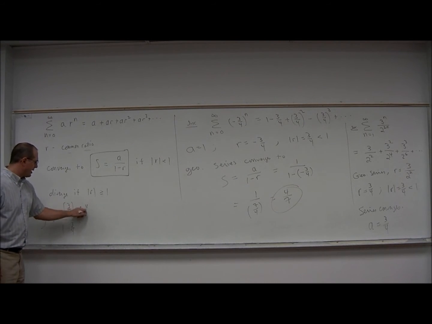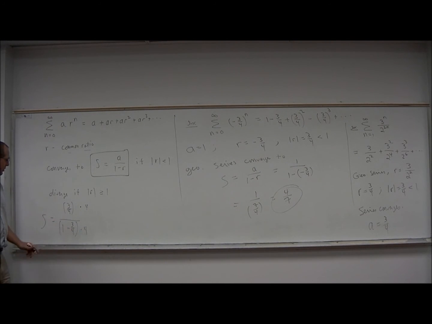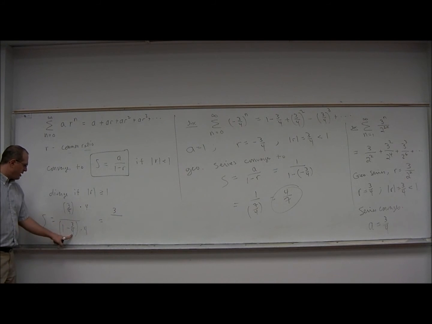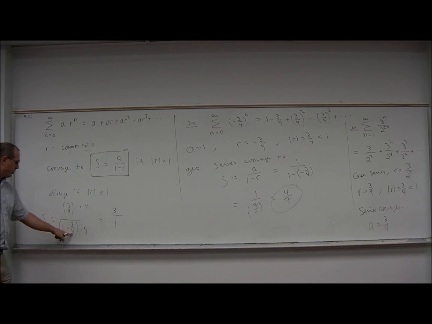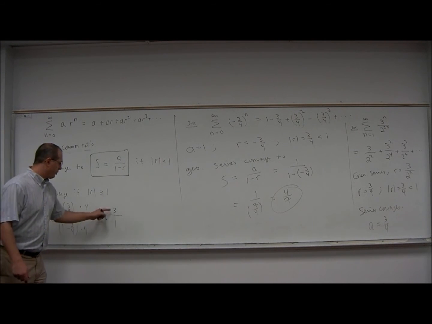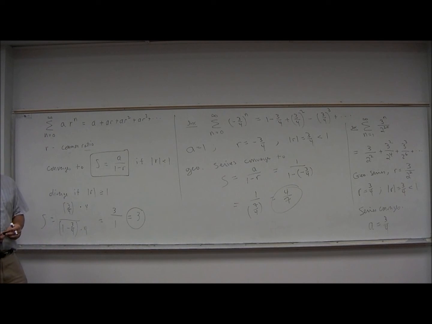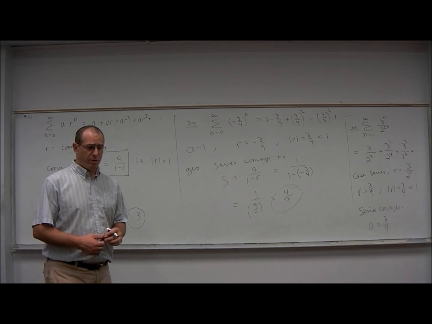If we multiply the top and the bottom by 4, we can simplify this pretty quickly. 3/4 times 4 is 3, and 1 minus 3/4 is 1/4, times 4 is 1. So the summation of this series is 3. It was a convergent geometric series, and the sum was 3.